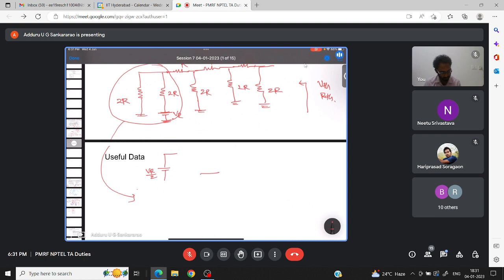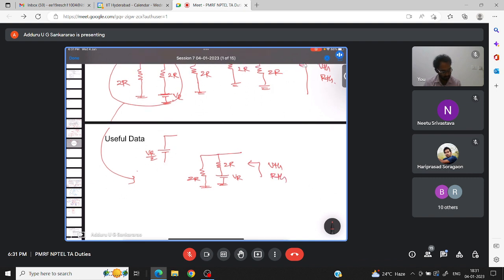So that part is 2R, 2R, VR. Looking from here, I can find out VTH and RTH. What is RTH? You just short VR, right? So that is 2R by 2. Both are in parallel. That is R, the RTH.